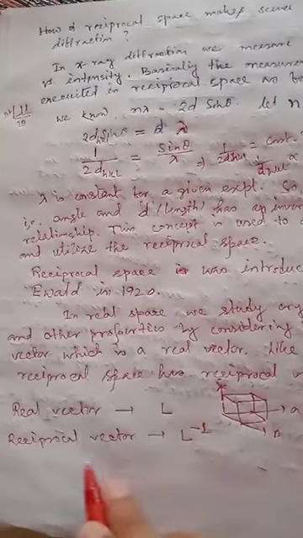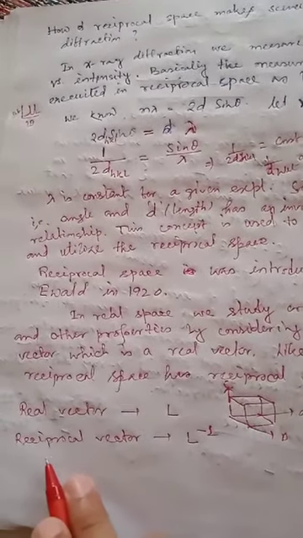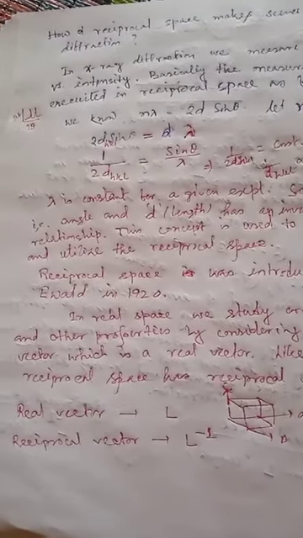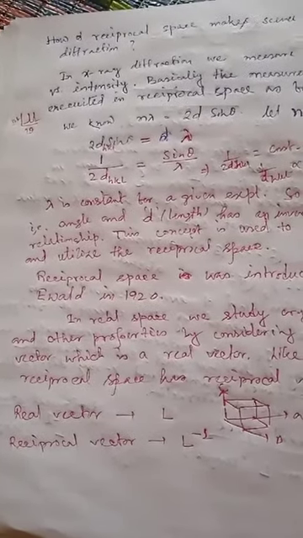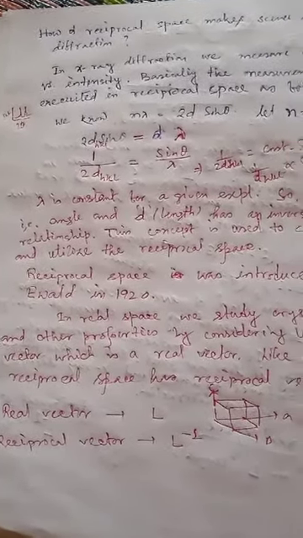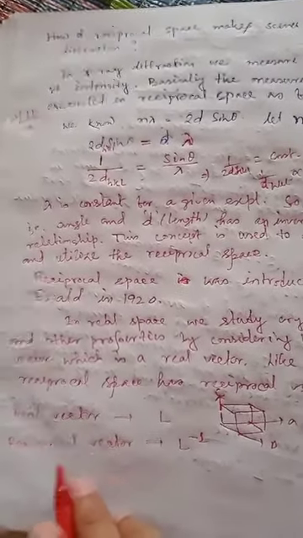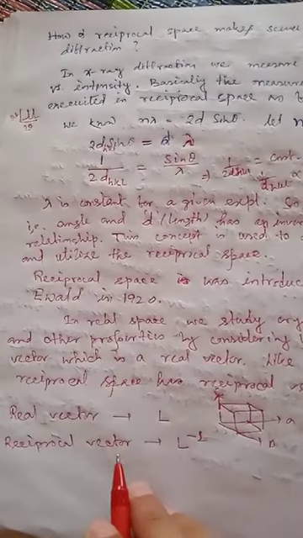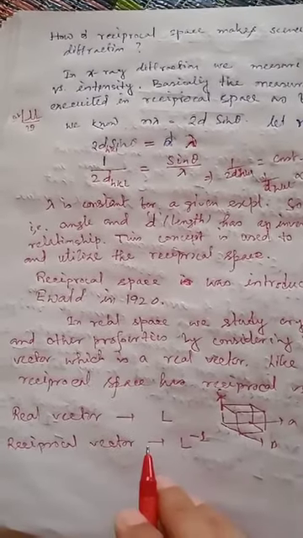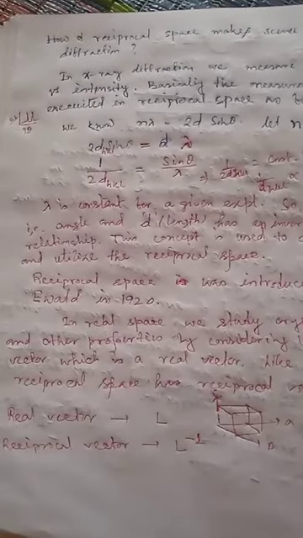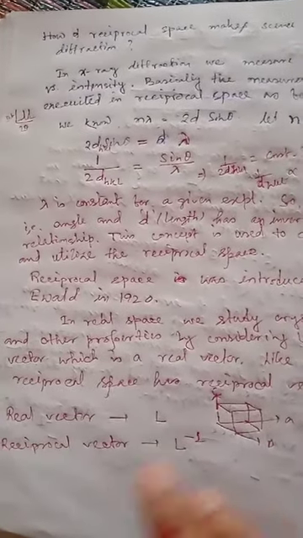We will have to understand the reciprocal vector in order to construct a reciprocal space. In the next class we will discuss how to construct a reciprocal lattice vector from a real vector. We will see in the coming classes.